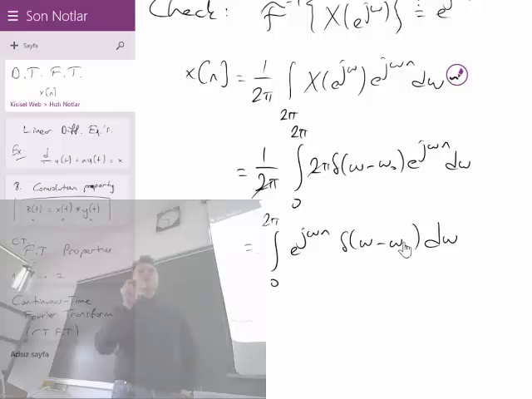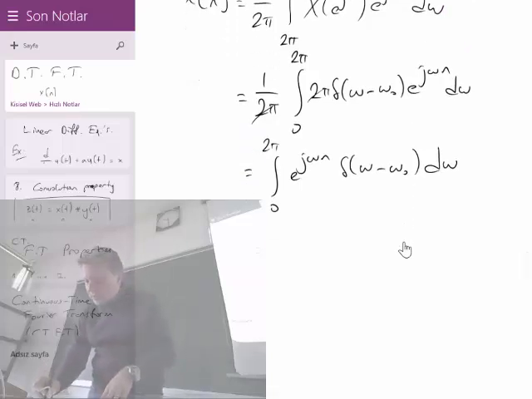So in the multiplication with all the other expressions, omega must automatically be omega 0, nothing else. Because for all other omegas, the impulse is 0, and they will not contribute to the integral.